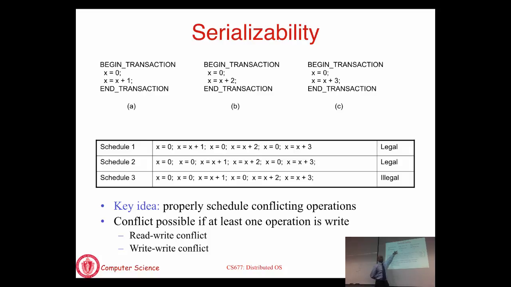If only these 2 had executed, you would have ended up with x equal to 3, and this transaction hasn't even begun. If you have these 2 executing sequentially, you will never actually get x equal to 3. You will get either x equal to 1 or 2. But because of this interleaving, you ended up with an inconsistent intermediate state. But we ignored that. We said at the end, you're still consistent. That's all we care about. So if we had the middle line, schedule 2, but we stuck C at the very beginning, then our output would have been the legitimate output for transaction C.